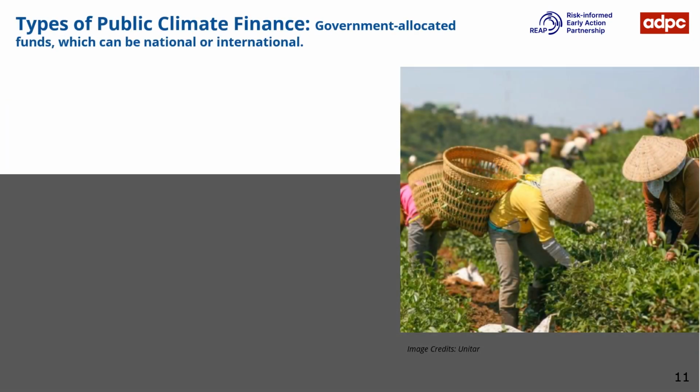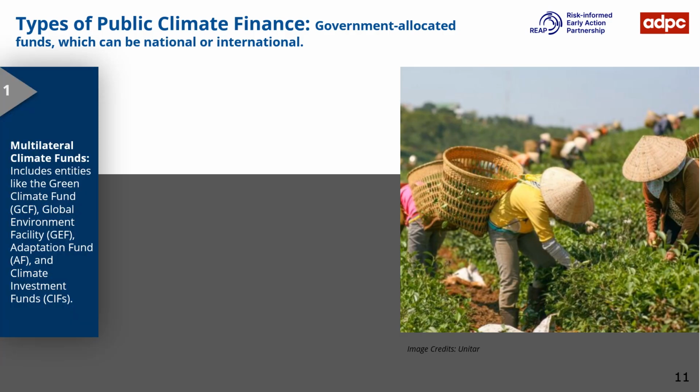Public climate finance remains essential, particularly for adaptation, resilience, public goods, institutional strengthening, data systems, early warning, policy reform, and support to vulnerable communities. This slide highlights 4 major channels. First, multilateral climate funds, such as the Green Climate Fund, Global Environment Facility, Adaptation Fund, and Climate Investment Funds.